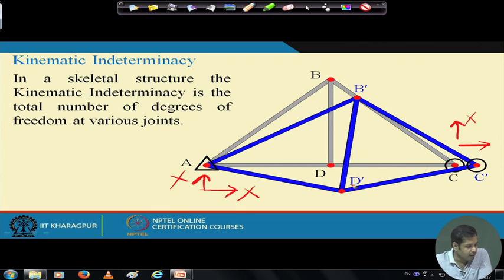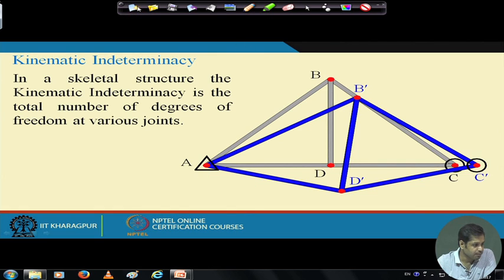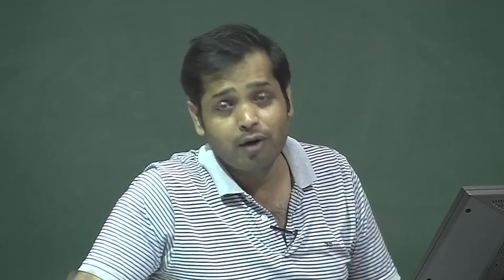But all other joints, joint B, joint D, they can translate in both the directions, isn't it? Now, at every joint, how many degrees of freedom do we have in this structure? At every joint we have 2 degrees of freedom. Okay. What are those 2 degrees of freedom? Translation in the x direction and translation in y direction. There is no rotational degrees of freedom because all the joints are hinge joints.